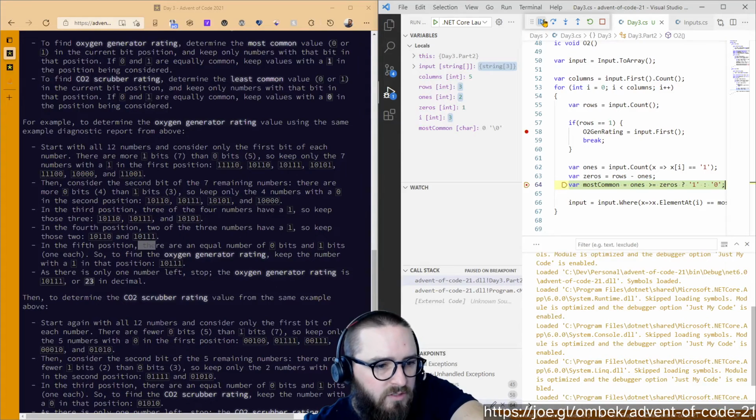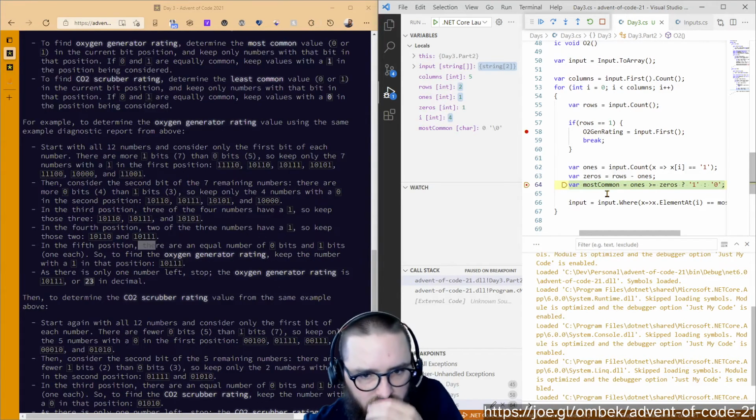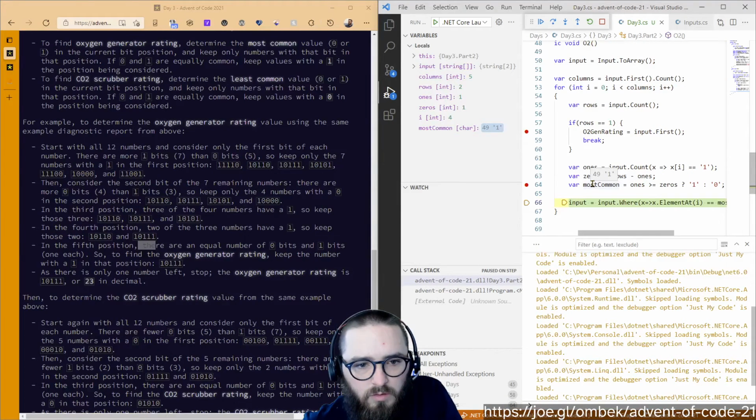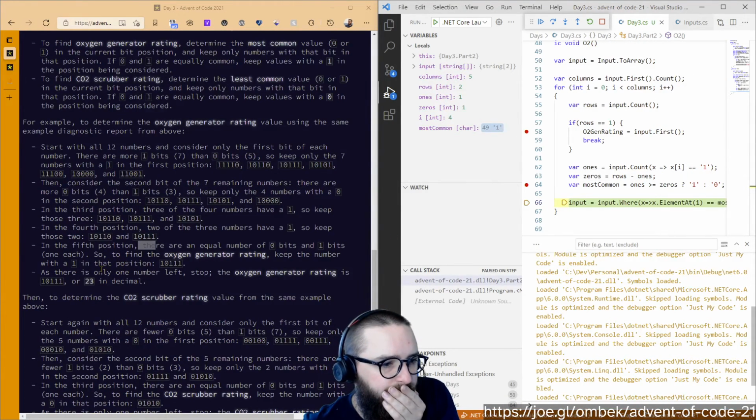In the fifth position, there's an equal number of 0 and 1 bits. Zeros and ones is 1. So we want the most common actually to be 1, which it is. And then there should only be one number left.